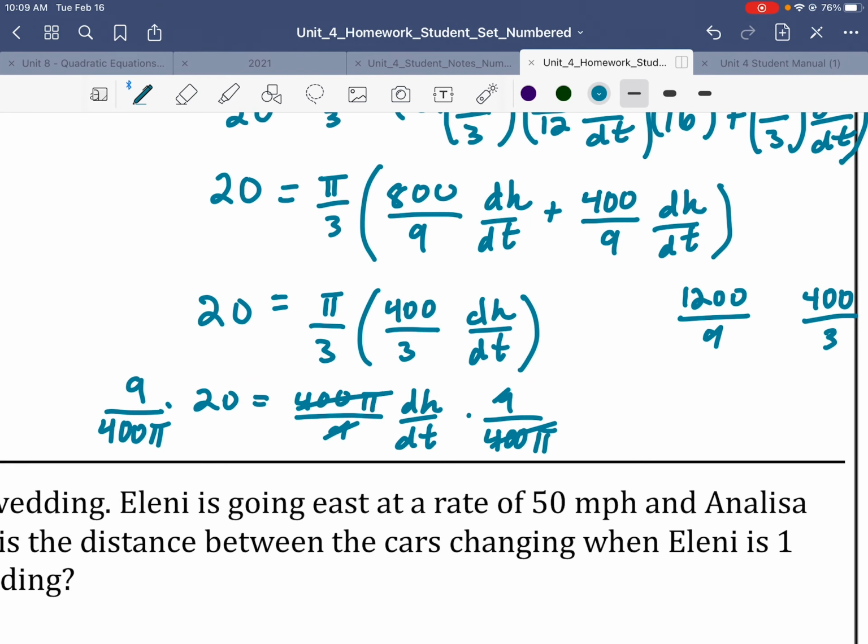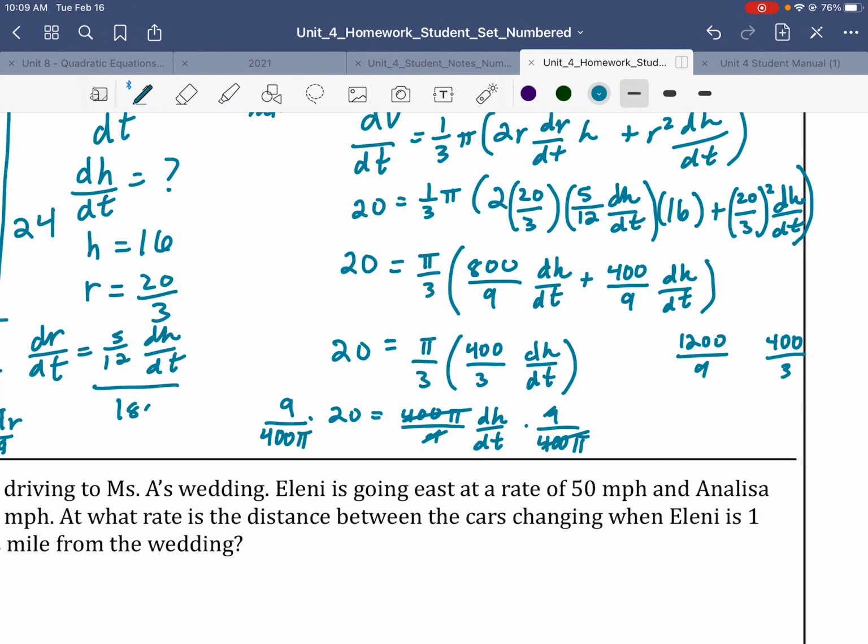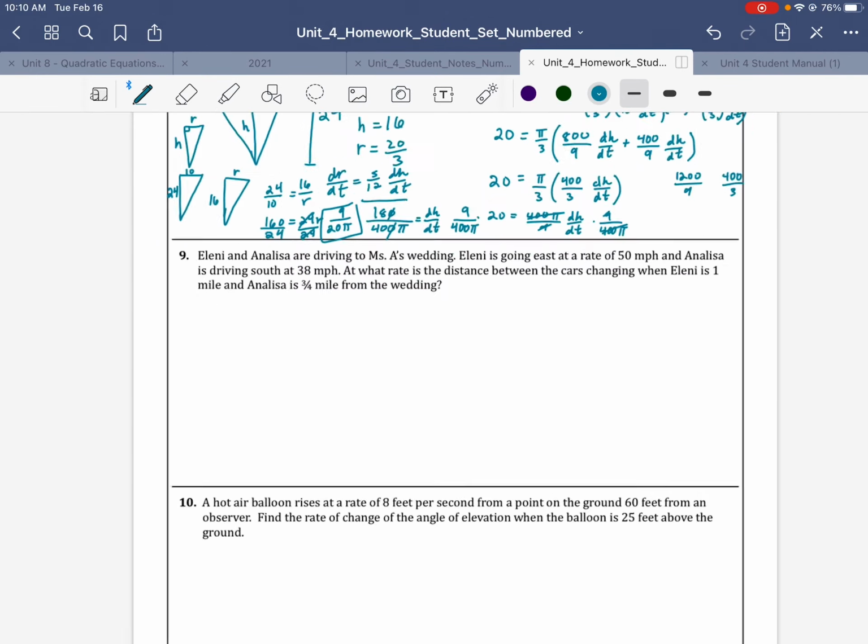All right, so we have 180 over 400, right? 9 times 2 is 18, okay, yeah. Okay, that's your dH/dt. And let's see, that can cancel out. So we got 18 over 40, so that can simplify to 9 over 20 pi. Okay, that's our answer.